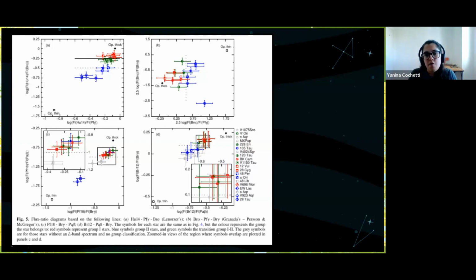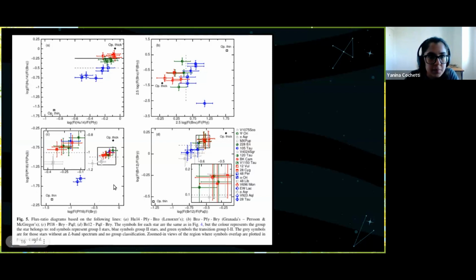So we wanted to find other lines so that, if we made diagrams similar to these, we could get some information about the envelopes. So we made these two diagrams that I'm showing here, that use lines in the J, H, and K bands, but not in the L band.